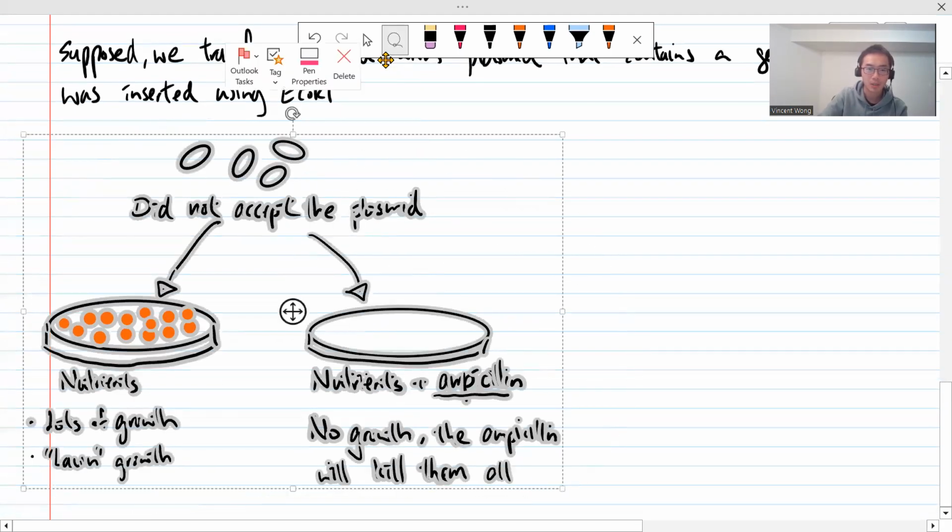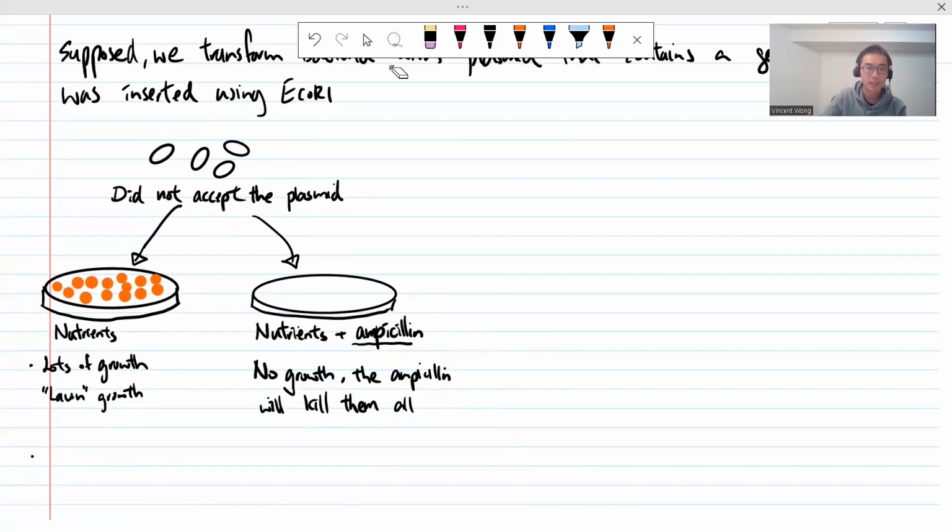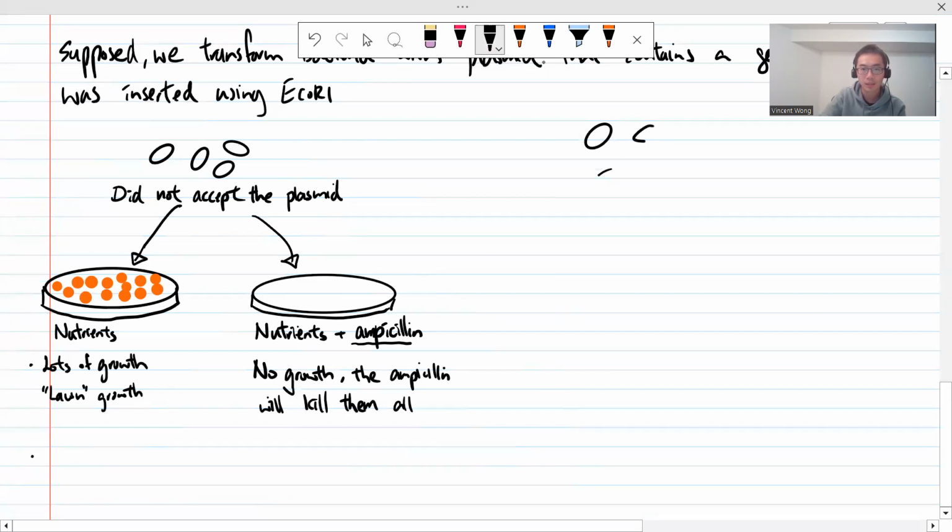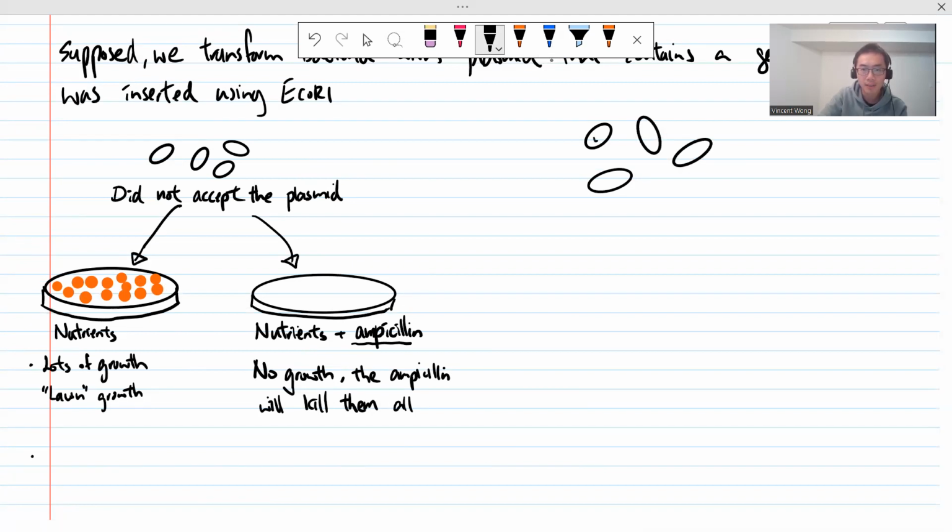I'm just gonna make this smaller so I have room. Let's take a look at a second group here. These are the ones that have accepted the plasmid. They have accepted the plasmid.